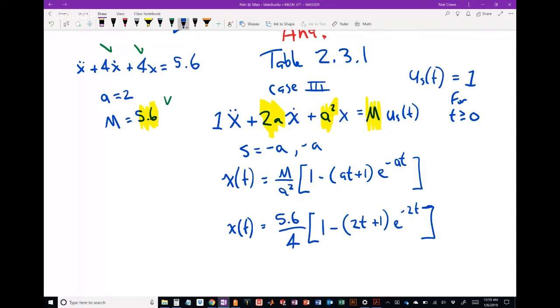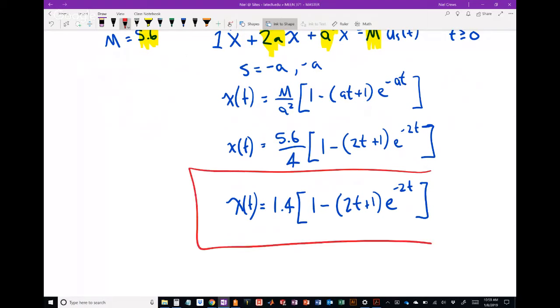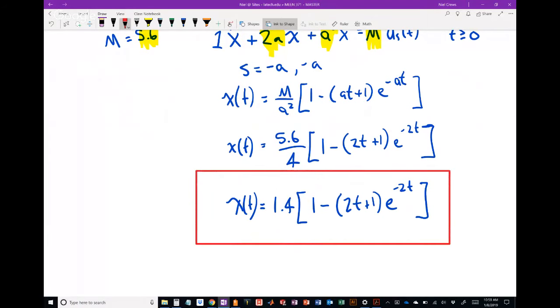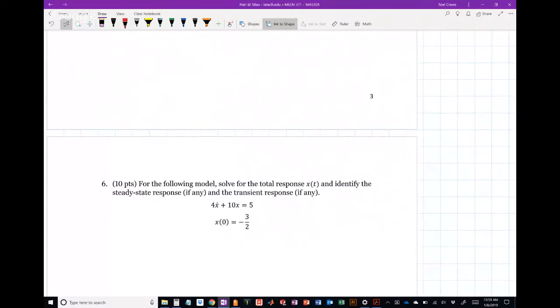Okay, and this is 1.4 times 1 minus 2t plus 1, e to the negative 2t. And if you were to rewind the video, you would see that this is the same equation that we obtained solving it the other way. Okay, that's that.